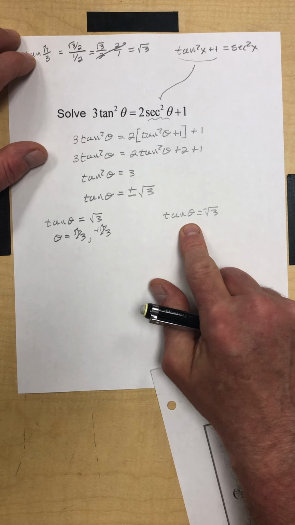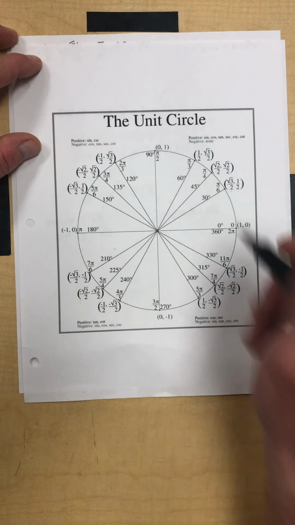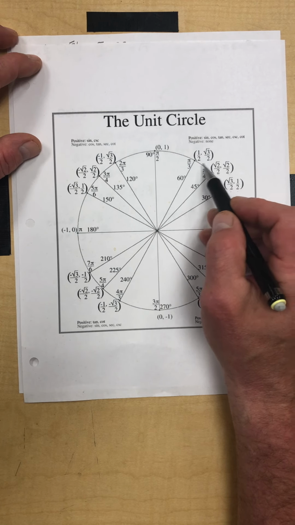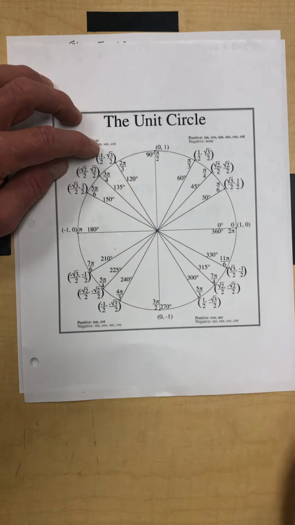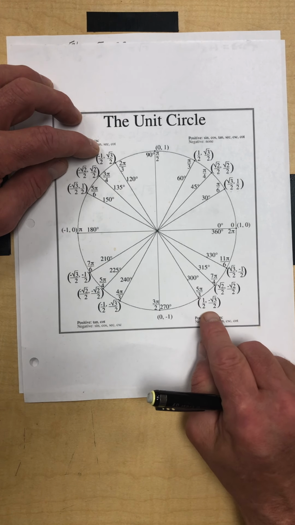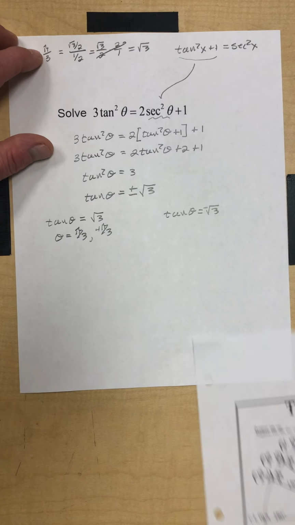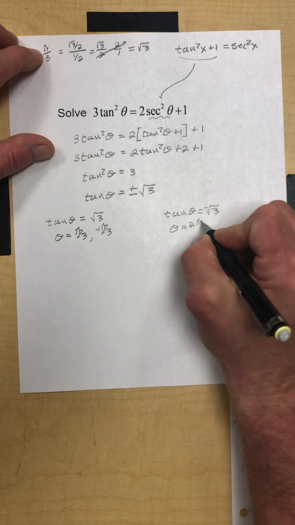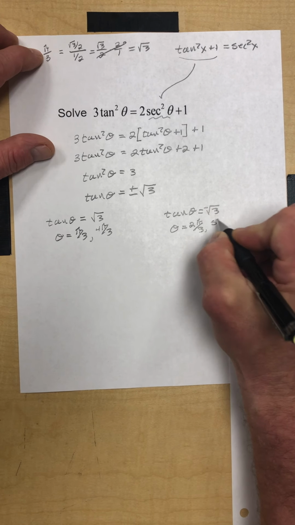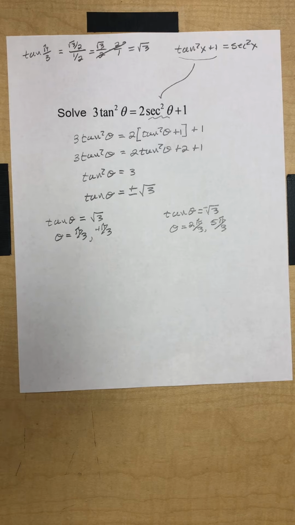Okay, then right here, we need to have the 1/2 and the radical 3 over 2, but we need to have one of them negative and one of them positive. So that happens at 2 pi over 3, and it also happens at 5 pi over 3. Okay, so I've got all my solutions.